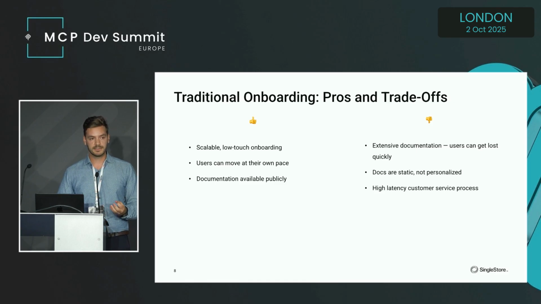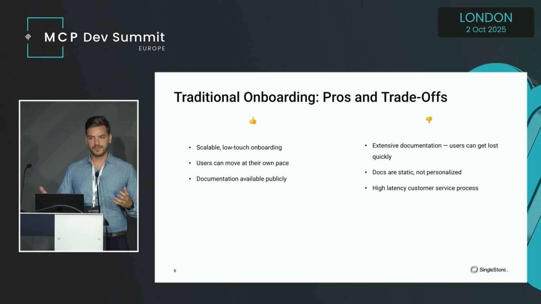Documents are static in the sense that most companies, like us, have people specifically to change the docs, but as the documentation grows, they tend to move slower, right? So if you change something, the time for that change to be reflected in the documentation is not immediate, it grows with time.